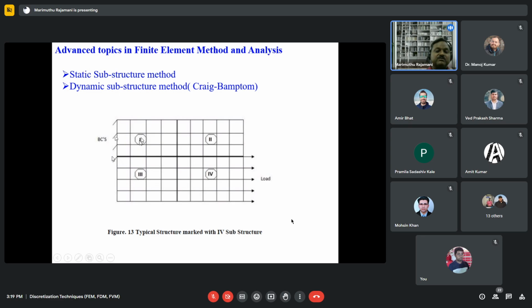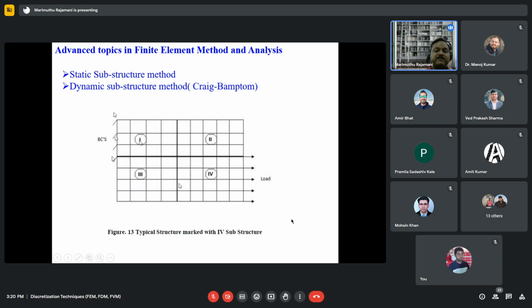So when you consider this substructure 1, you eliminate the nodes which are interior to this substructure, and you will arrive at the nodes on this and the stiffness corresponding to this. And when you consider 2, you will eliminate these nodes and you will end up with this.